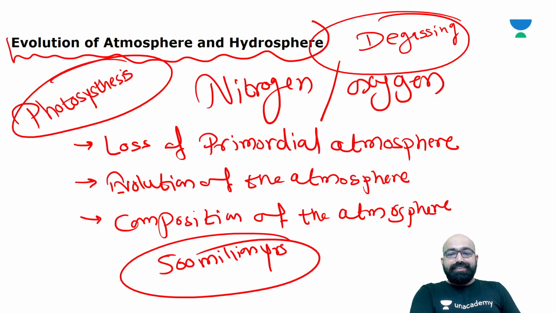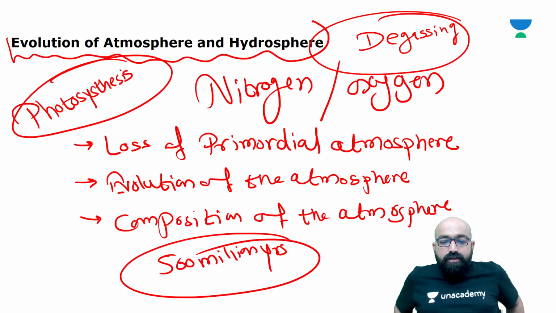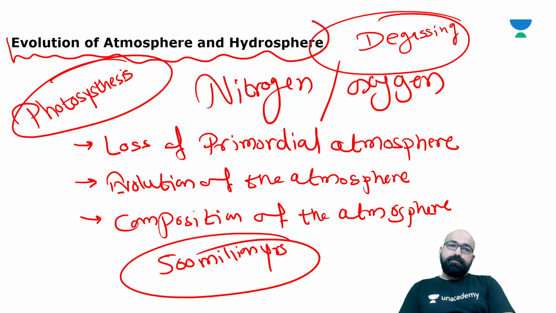So this tells us that the oceans are as old as 4,000 million years. So sometime around 3,800 million years ago, life began to evolve.